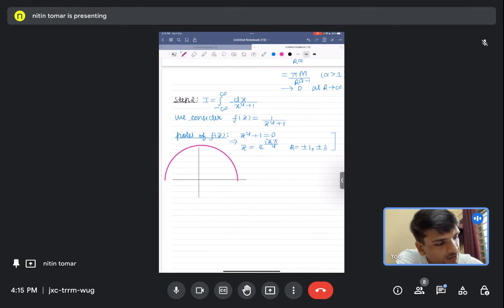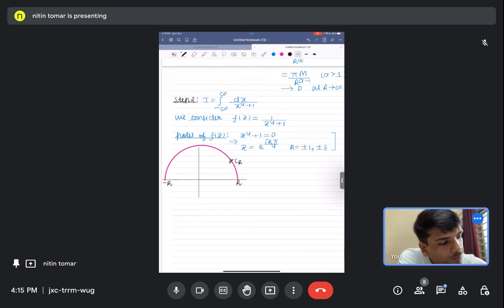So this is the semicircle we saw, right? So this is minus R, this is R, and this is C_R.